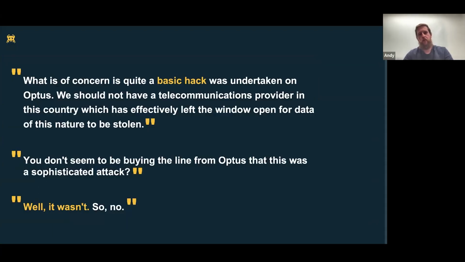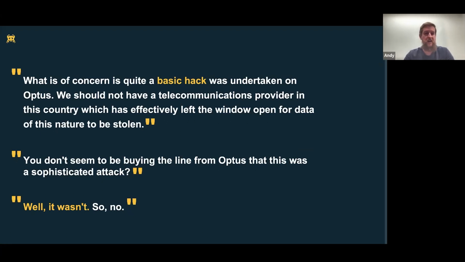So when you think about that, we use the word sophisticated quite a lot in cybersecurity, but the cybersecurity czar in Australia went on to ABC and had this conversation.